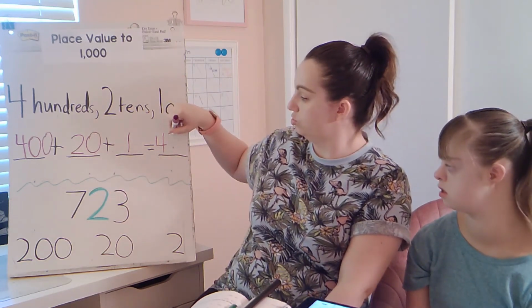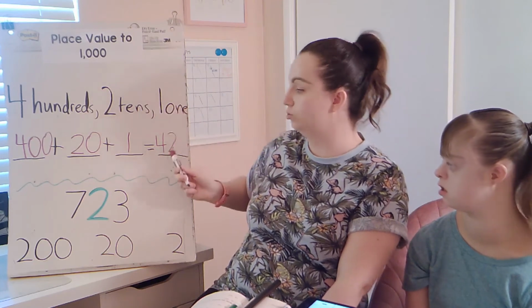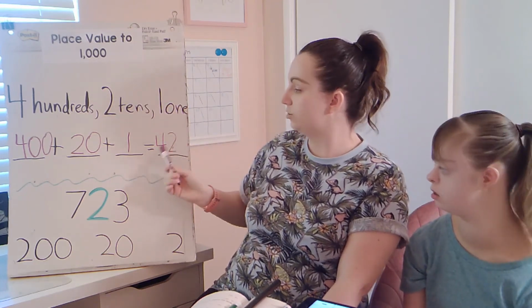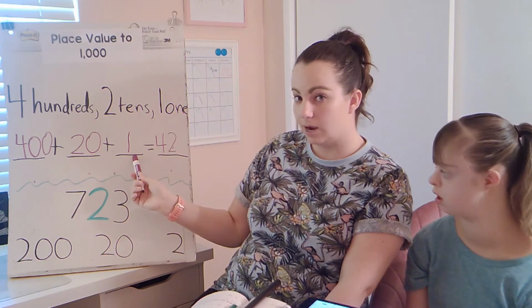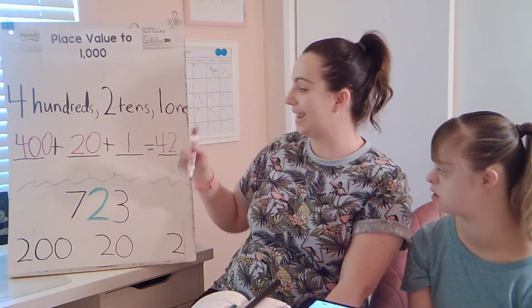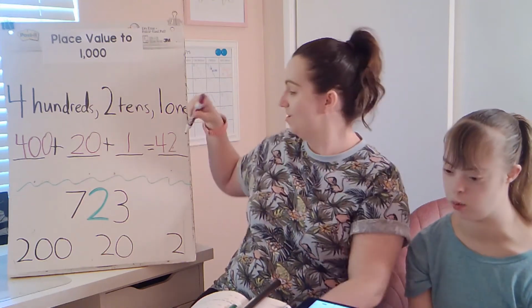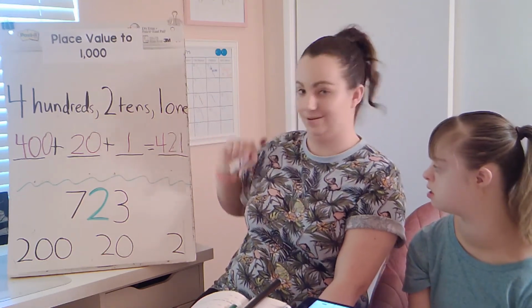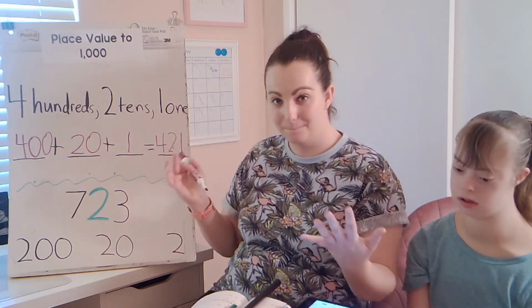I write the 2 in the 10 spot to show I have 2 tens. 420. How many ones do I have? 1. Yes, good job, Kaylin. If you were saying it at home too, good. 421. We have our final number.